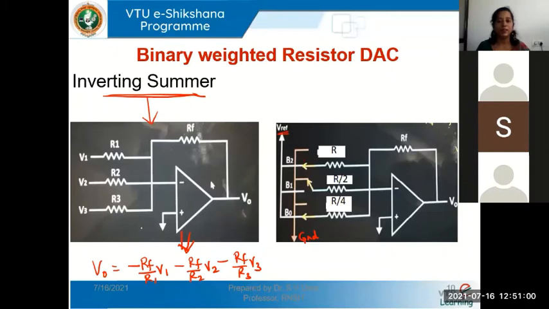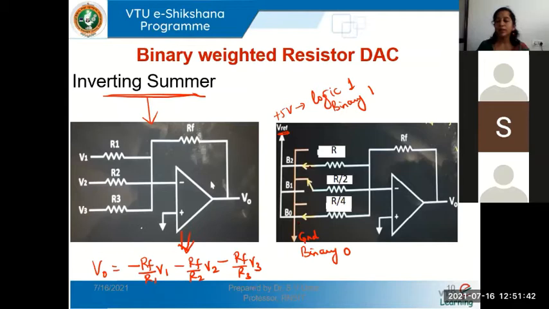The input signal should be either logic 1 or logic 0. So Vref of plus 5 volts represents binary 1, and ground will represent binary 0.